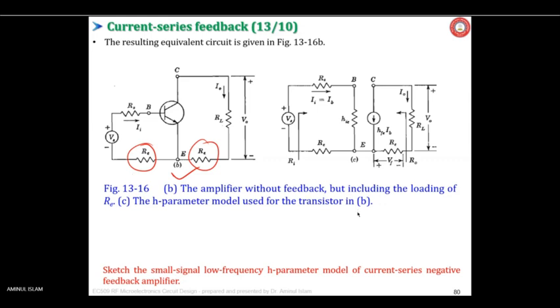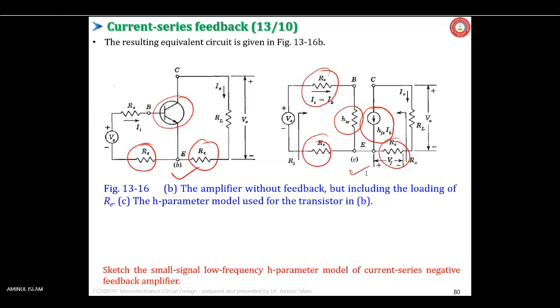And now replacing the BJT with its small signal model, I repeat, the model, we get this diagram. This is all known to us, nothing unknown. RE is here in the output loop and RE is here in the input loop. Just the BJT has been replaced and we get this.